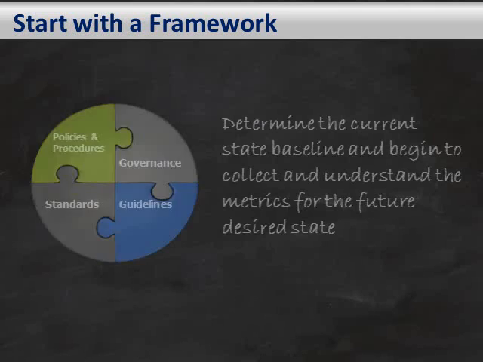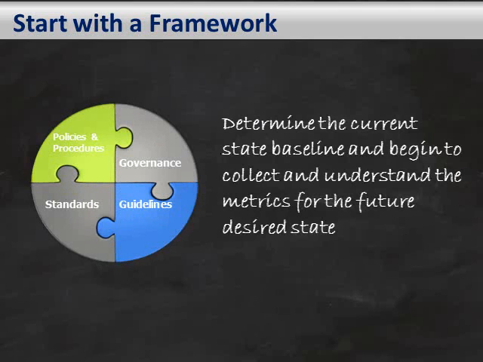Let's assume that the CEO and senior leadership approve the initiation of an enterprise architecture. Policy, procedures, and governance are in place. Now the enterprise architecture leader works with the team to decide on the framework that will be used to document the enterprise architecture, its standards, guidelines, and principles. Earlier we discussed that there are a variety of frameworks from which to choose based on the industry and familiarity with a framework such as TOGAF, the Open Group's Architecture Framework, the DoD Architecture Framework, the Federal Architecture Framework, or Zachman.